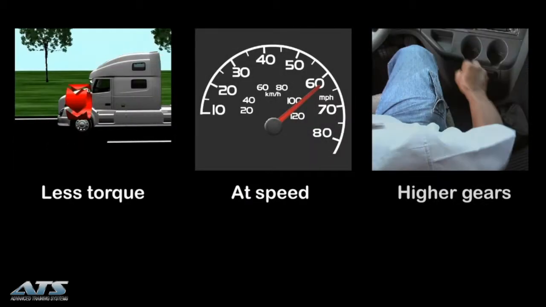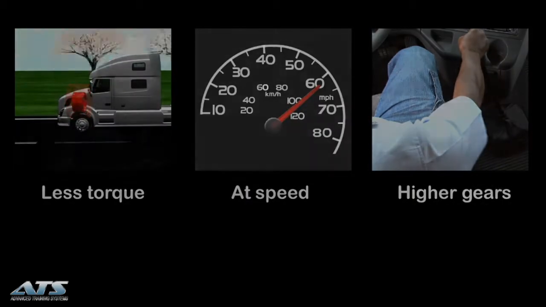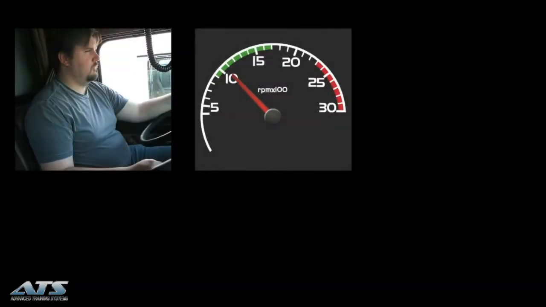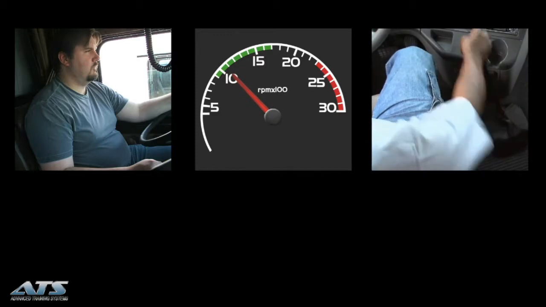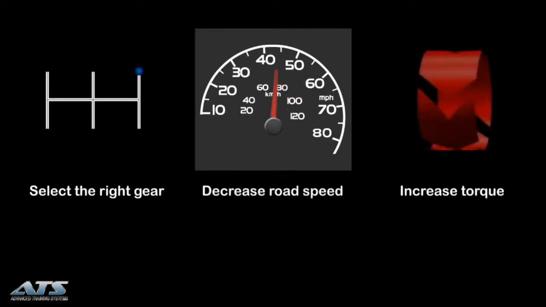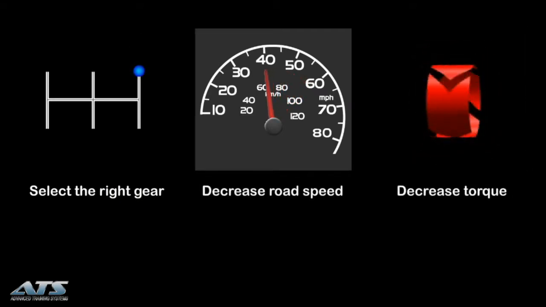That means that less torque is needed at speed as higher gears in the transmission are used. A good driver keeps the engine running in its ideal RPM range by being in the proper gear for what you're doing. So you have to be able to select the right gear to increase road speed, decrease road speed, increase torque, or decrease torque in order to adjust to what you need the rig to do.